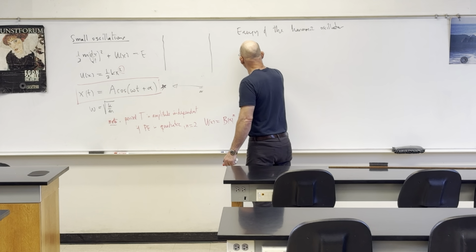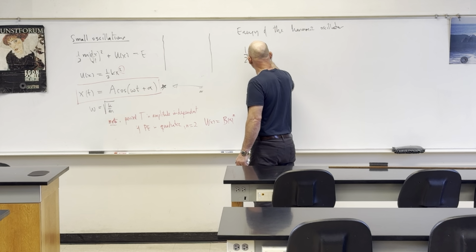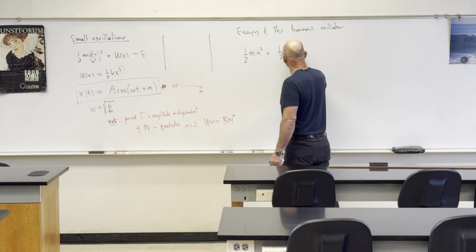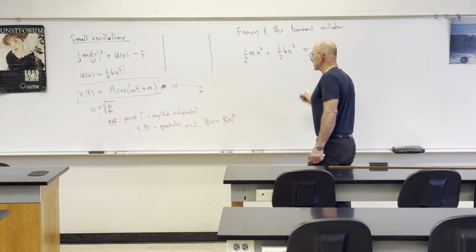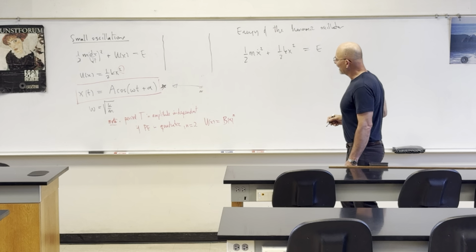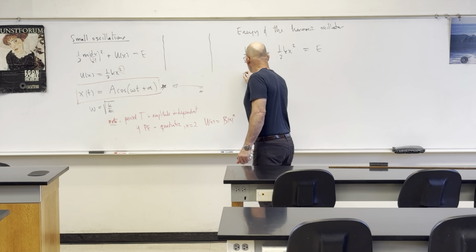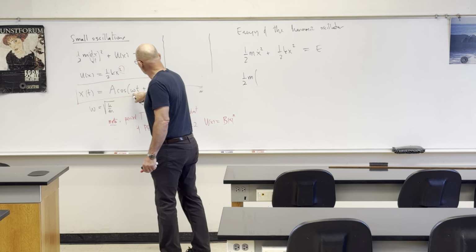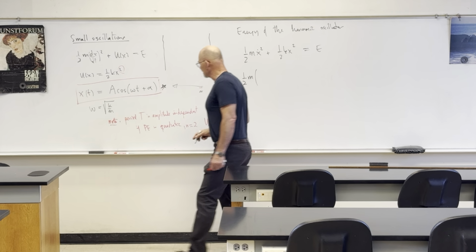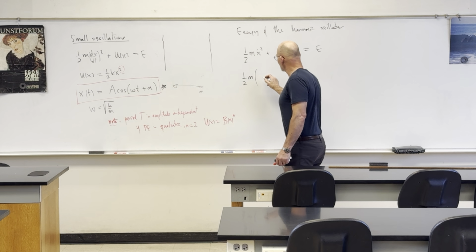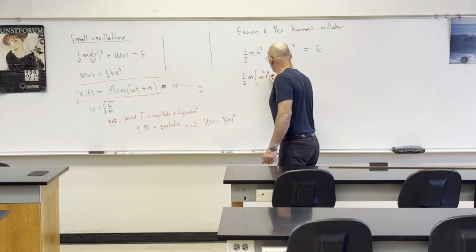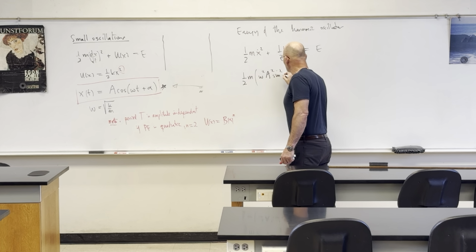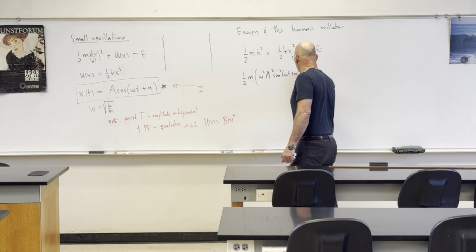There we have 1/2 m x dot squared plus 1/2 k x squared is equal to E. So that's going to be trivial. 1/2 m, and x dot is omega a sine, so x dot squared gives 1/2 m omega squared a squared sine squared of omega t plus alpha.